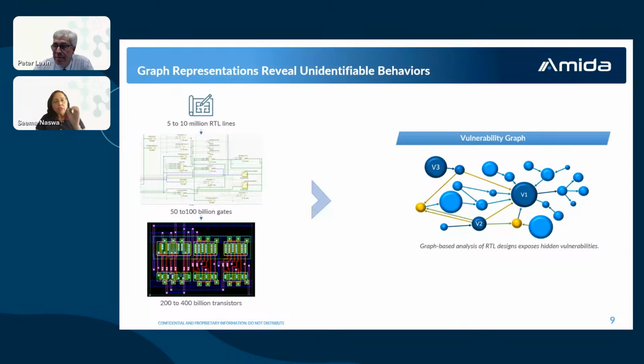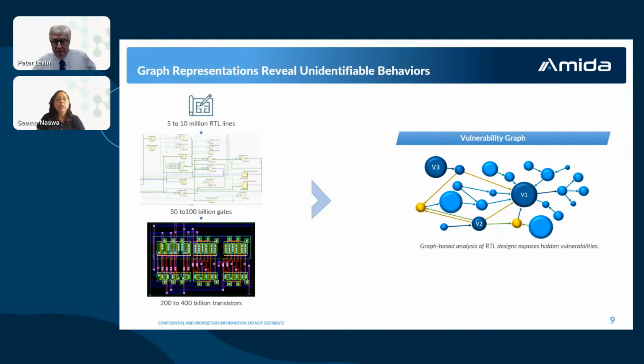Now, to execute this process, we need highly specialized tools and expertise. And there is a complex global supply chain which spans multiple countries. Through that supply chain, finally, we end up with the chips that we have in our appliances. So the vulnerabilities can hide anywhere in this enormous design, hundreds of billions of transistors.